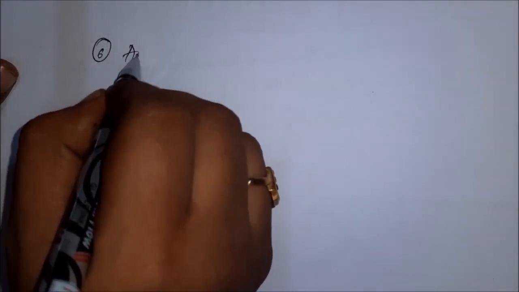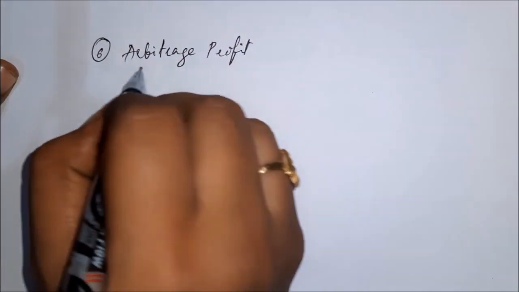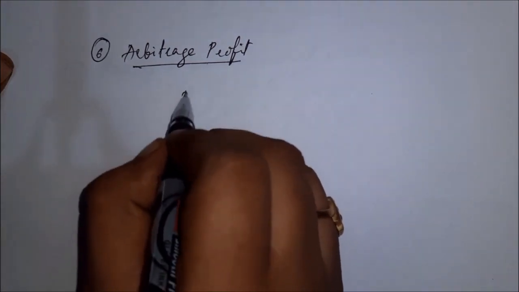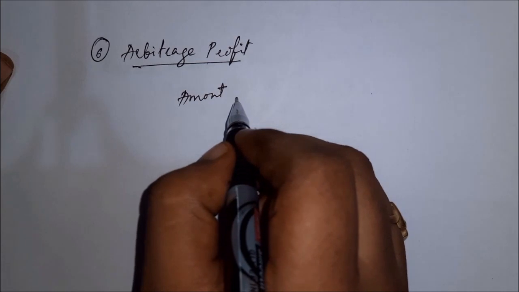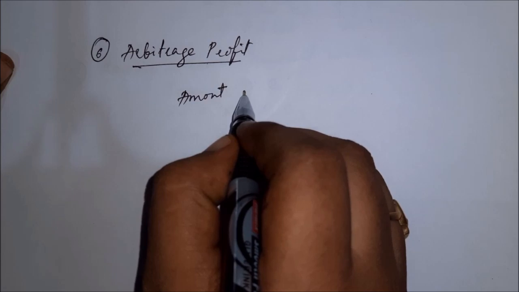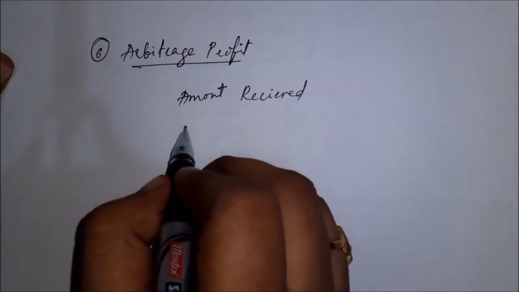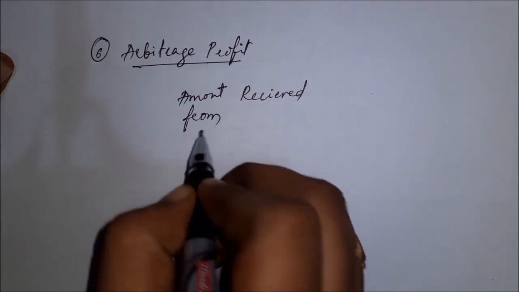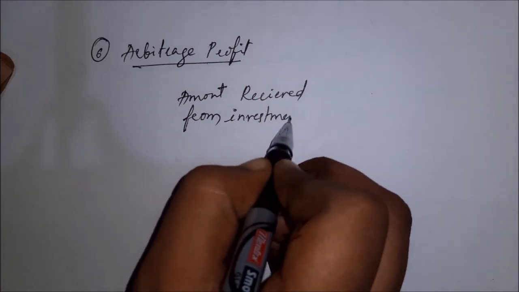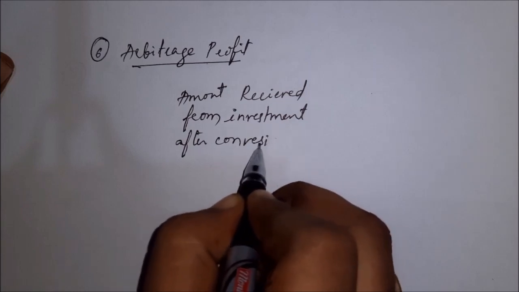Okay, now the last step is we have to calculate the arbitrage profit. Sixth step, arbitrage profit. For calculating arbitrage profit, you just have to deduct the borrowed amount repaid with interest from the amount received from investment after conversion.